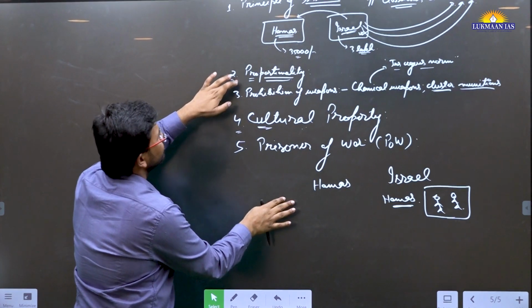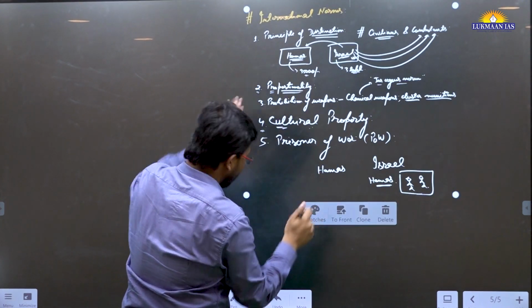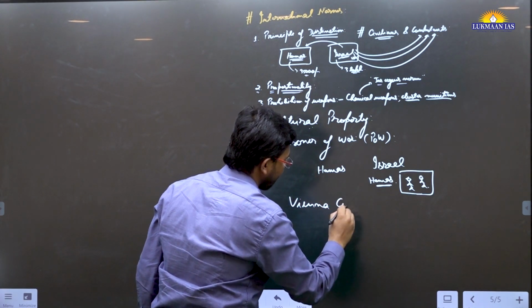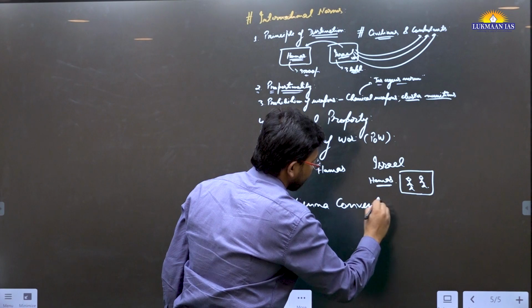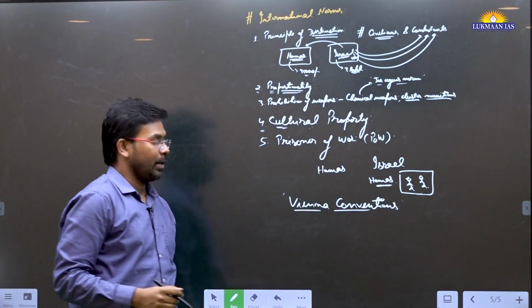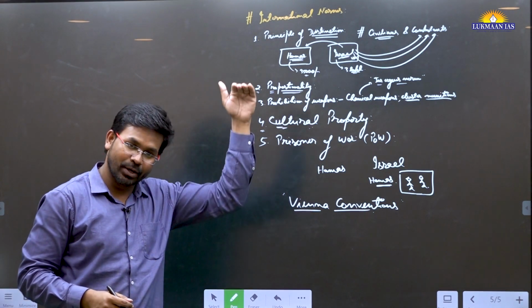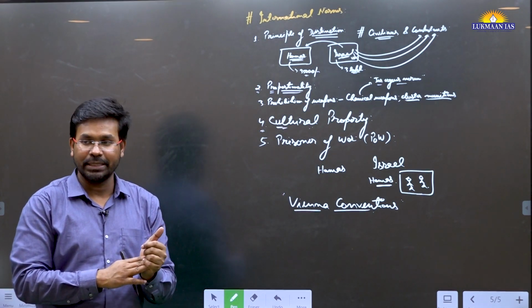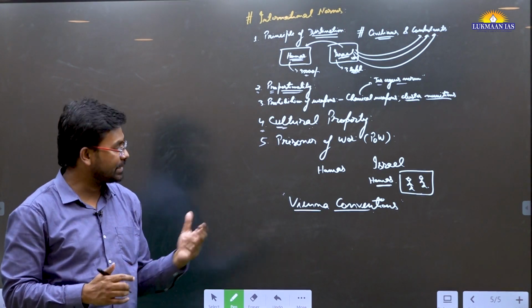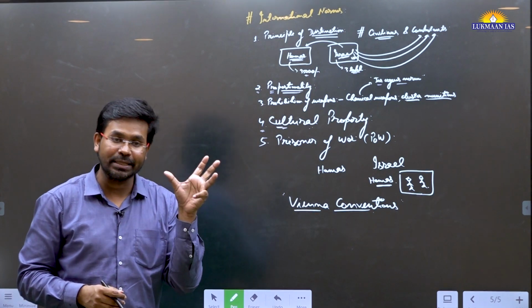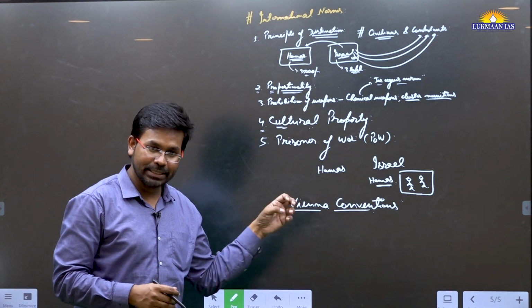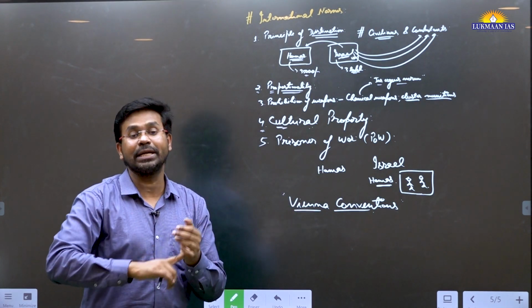Vienna Conventions, I mean Geneva Conventions. What's the difference between Geneva and Vienna Convention? Basically, Geneva Conventions are of many types: 4 conventions, 3 additional protocols. Vienna Conventions are also of many types. These are named after the place where the convention was held. In general, we name it as Vienna, but if we go by detail, their official name is different.